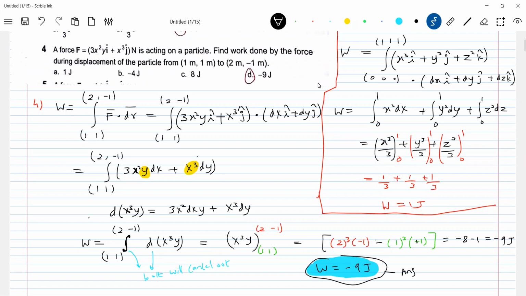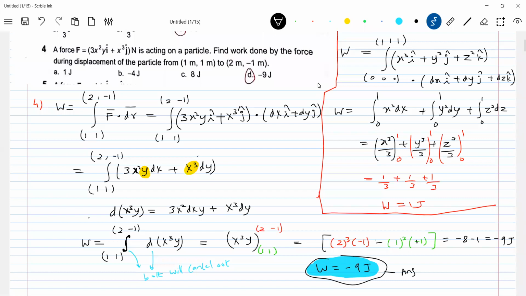Sir, we didn't understand how you can cancel out the integral and derivative. What happens? They are opposite of each other. Derivative means we are splitting up, we are expressing the variation. Integration means we are adding up that variation.